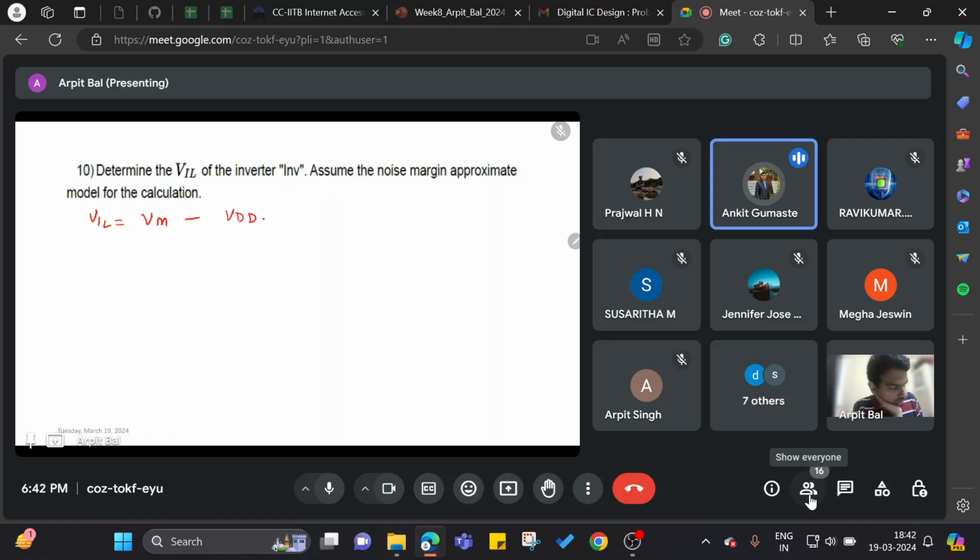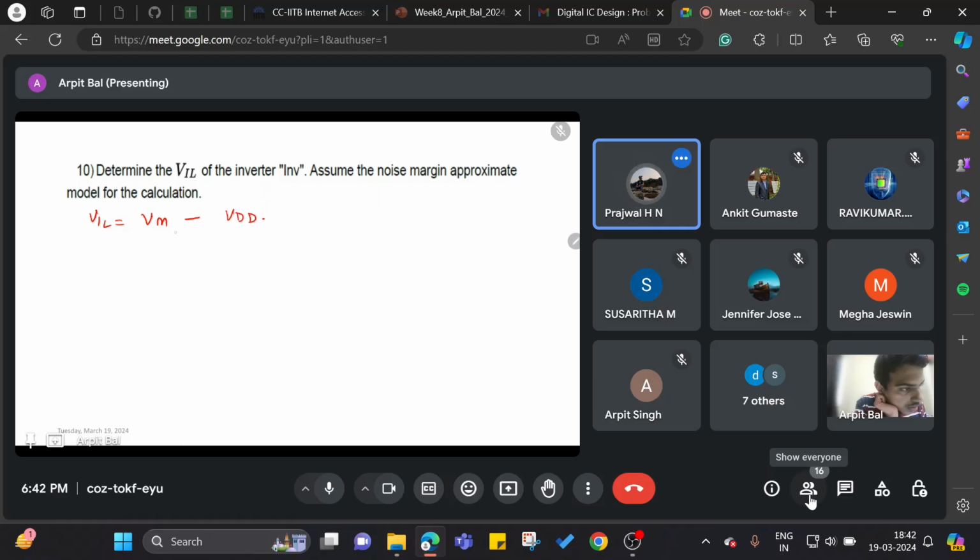That is correct only, sir, for the approximate model. Okay, for the approximate model, isn't VIL equal to VM plus VDD minus VM by G? It is the same. If you take minus common, you will get that formula. Oh, okay. So you were mentioning the G above, is it?